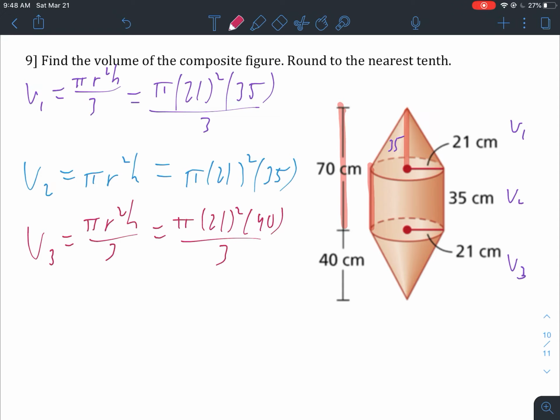So now we have our 3 volumes. We could just simply type all that into our calculator in one step, or you could type each one in individually and add them together. Whatever you prefer is fine. I'm going to do it all in one step.